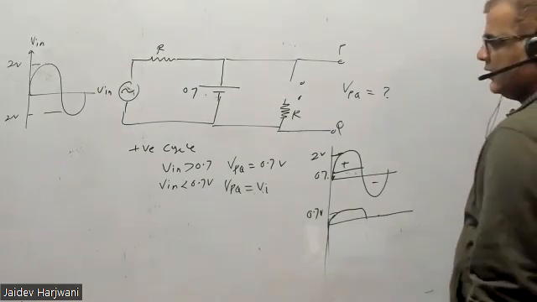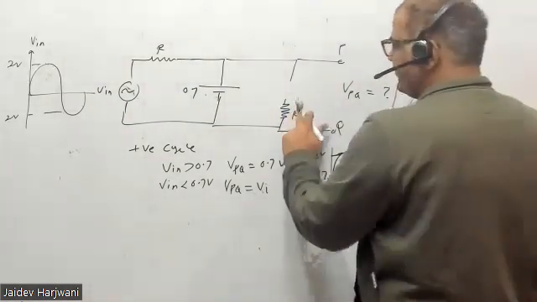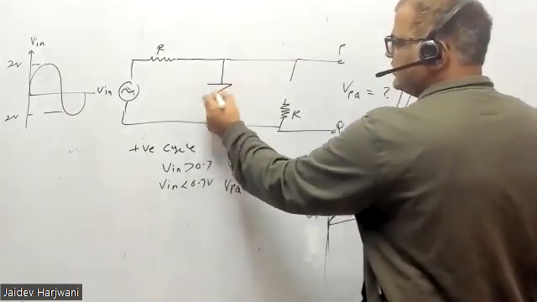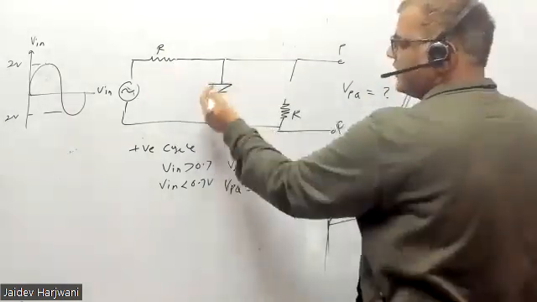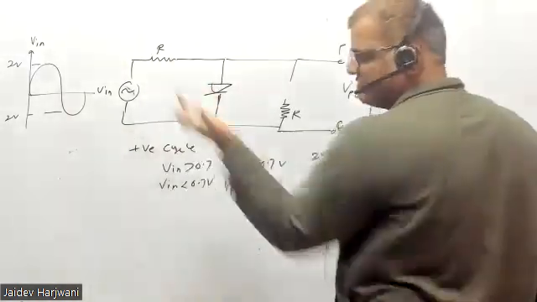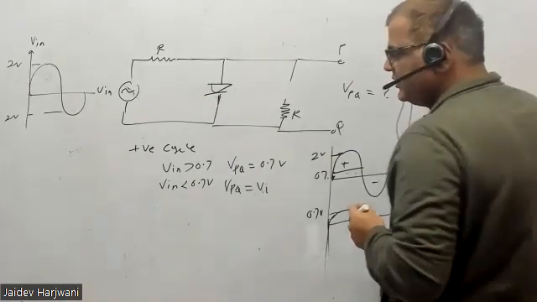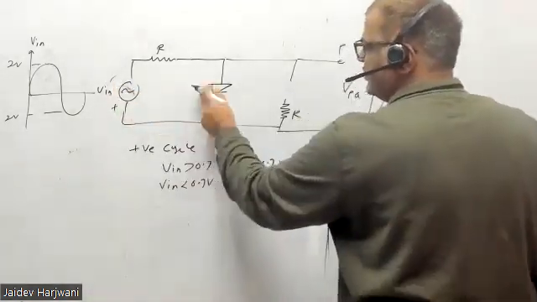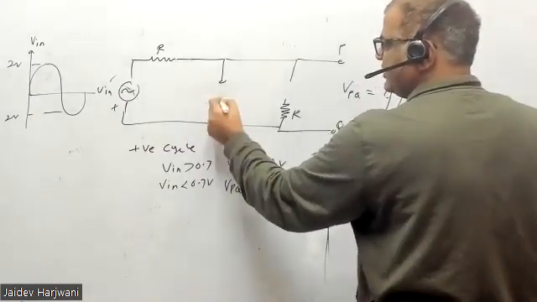Now let us see what happens for the negative cycle. In the negative cycle, this is always reverse bias, whether the value is less than 0.7 or greater than 0.7 volt. So for the negative cycle, the voltage is coming like this. So this is always reverse bias, so this is open.